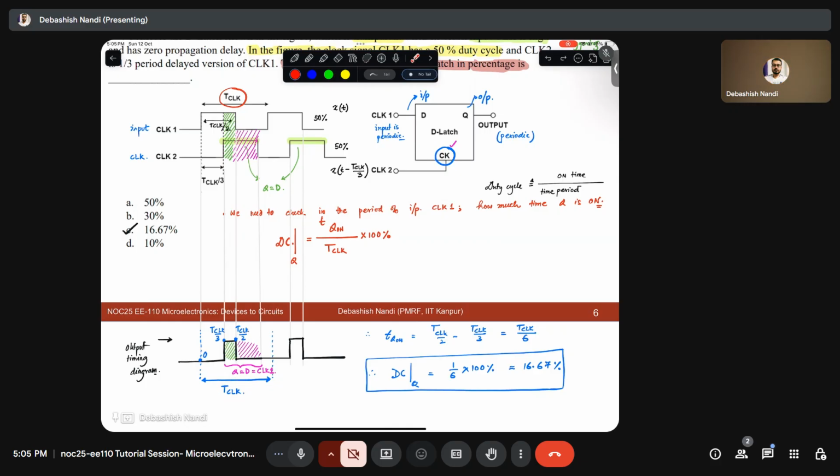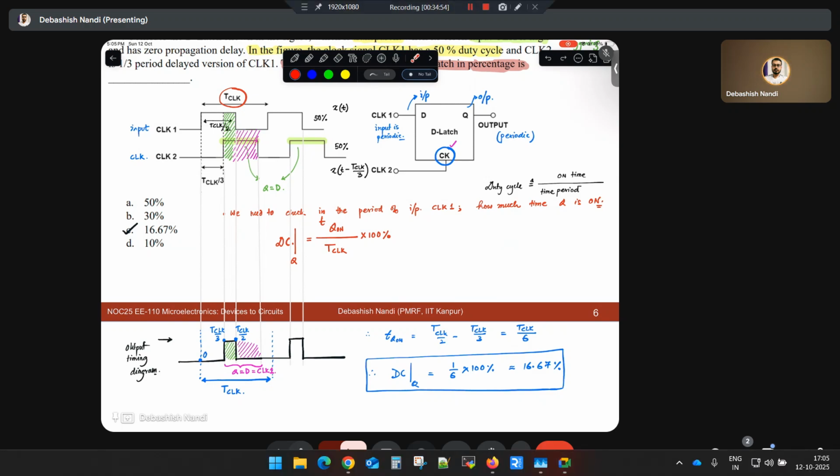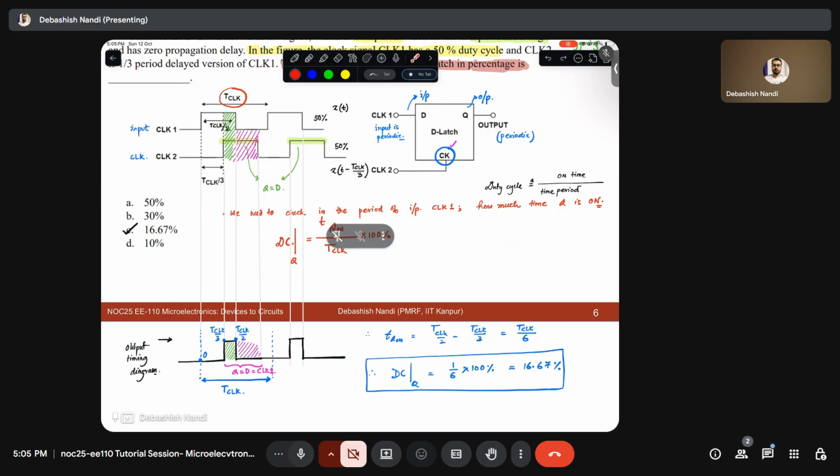So the T on period is T clock 2 by T clock 3. T clock 2 we have noted down from the fact that it has a 50% duty cycle, right? So then it is T clock by 6. Then at the end we have calculated that the duty cycle is 16.67%.